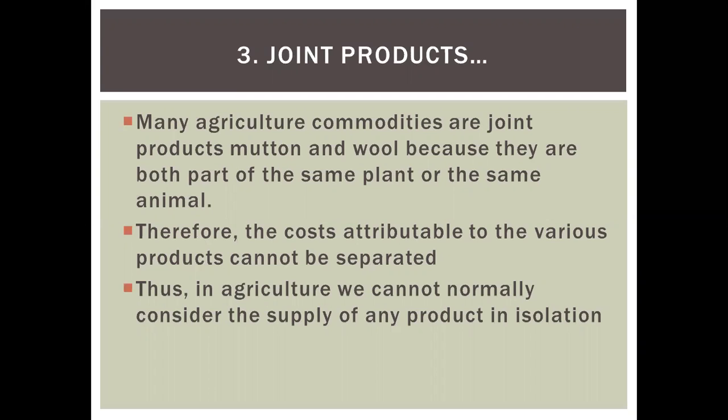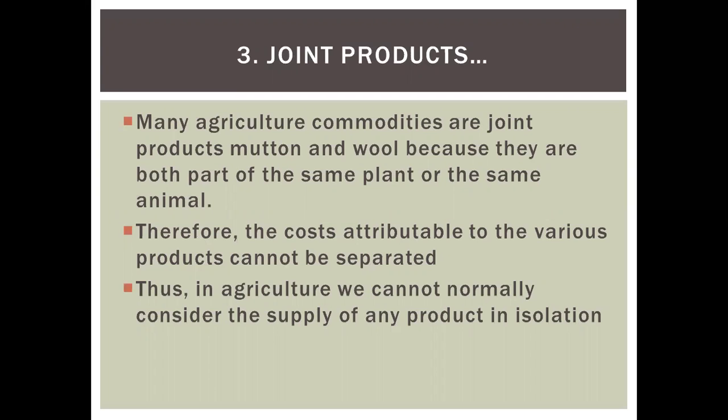Just like that, from one plant you may get different products. Take the case of the coconut tree, you may get different products from the coconut tree. So that means they are joint products. You cannot produce milk alone with the help of a goat, because meat plus milk plus wool it may give you. So therefore, it's a kind of joint production.